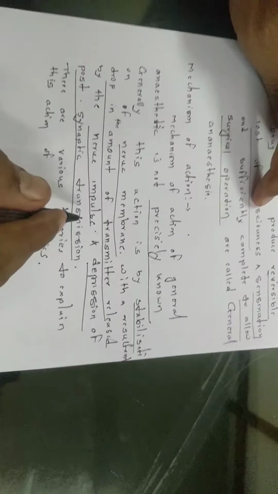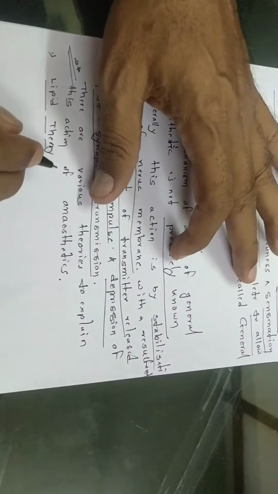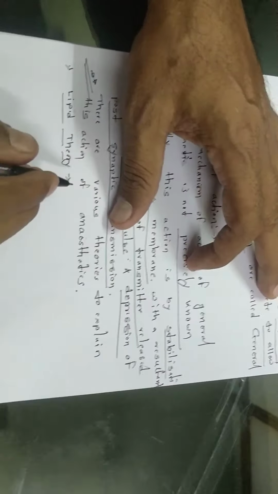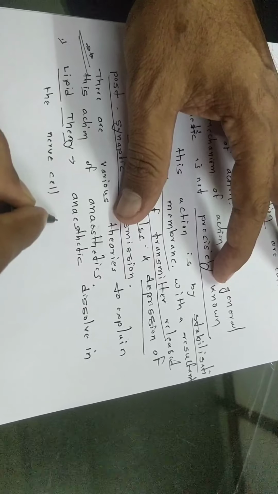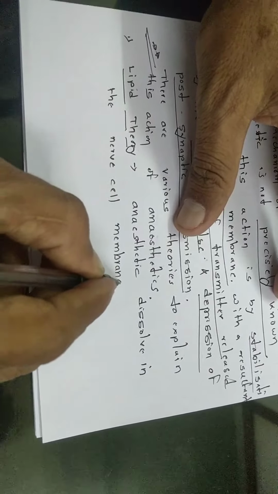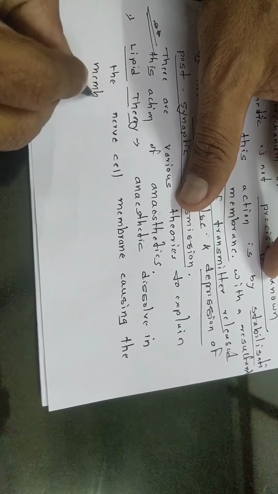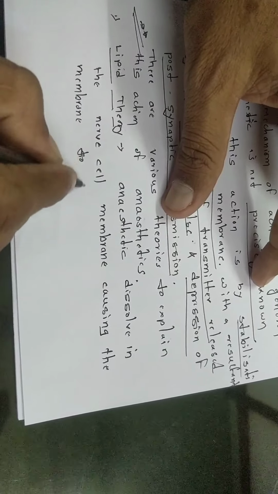Now the first theory, the lipid theory. In this theory, it is stated that the anesthetic dissolves in the nerve cell membrane, causing the membrane to swell.